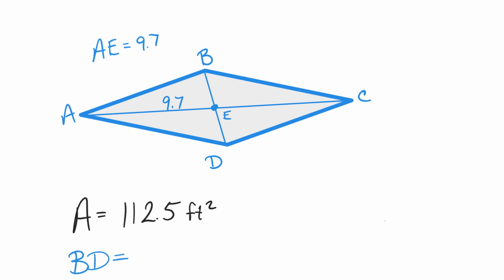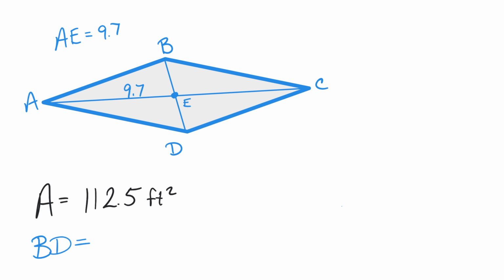So what we see here is we have a kite or a rhombus. It doesn't matter in this case. The formula is going to be the same, but we're going to call this a rhombus. So our formula for a rhombus is 1/2 the diagonal 1 times the diagonal 2, and all of this equals our area.